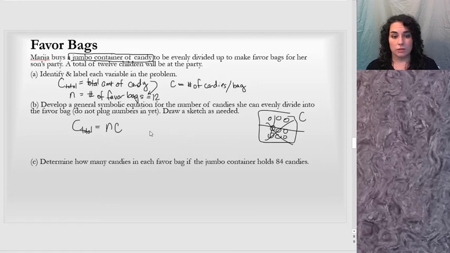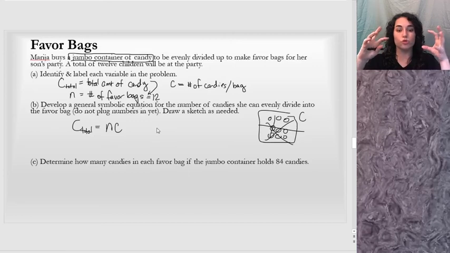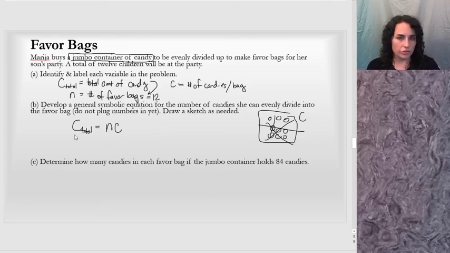We're getting there, right? Develop a general symbolic equation. We did it. That's it. Hopefully this is feeling a little bit natural, like it makes sense to identify these quantities, and then when we put them together into an equation, the concept that each symbol represents relates well to the concept that the whole formula is saying, right? The total number of candies has to equal the number of candies per bag times the number of bags. Makes sense.